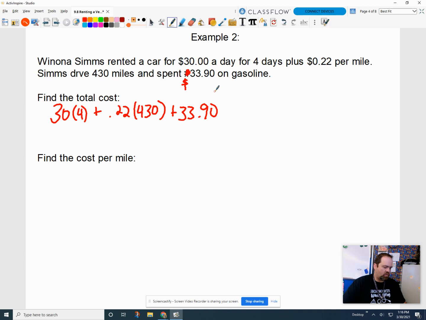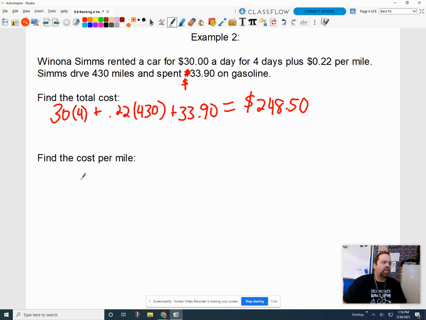So 30 times 4 plus 22 cents times 430 plus the gas. You can tell these problems are dated when they're paying less than $60 for a tank of gas. $248.50. So for the per mile, my calculator's wonky.